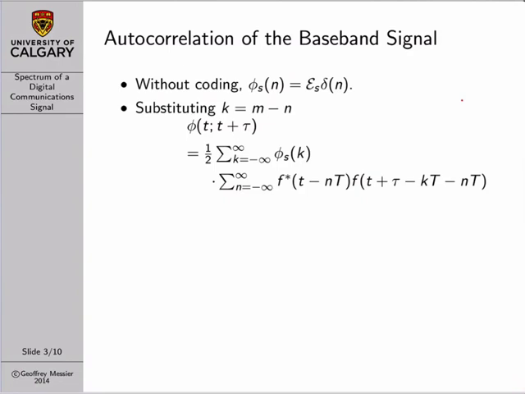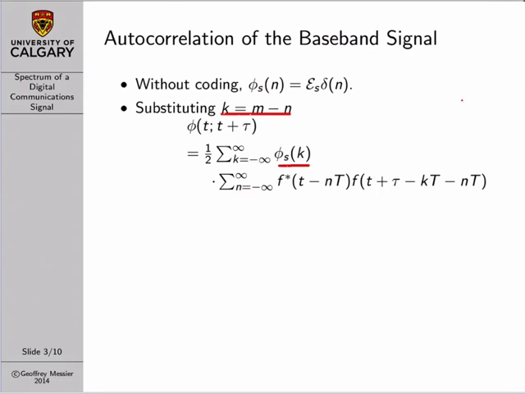Now the last thing that I want to do in this slide is a bit of a variable substitution. So we're going to let k equal m minus n, and I'm going to substitute that into the equation on the previous slide. And when you do that, the autocorrelation of the information symbols becomes simply a function of k, and we can pull it out front by itself, which, as we're going to see later on, helps us in the derivation.